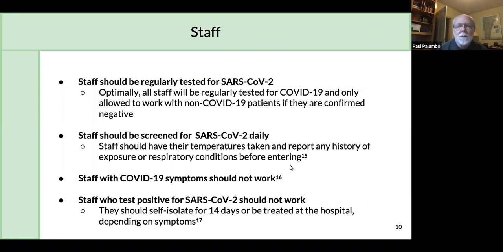Temperatures is another way to screen, but as we've said before, a reasonable proportion of infected individuals are asymptomatic. So ideally, you'd want to do a viral screen if that's feasible. And as I mentioned, it's not always feasible.